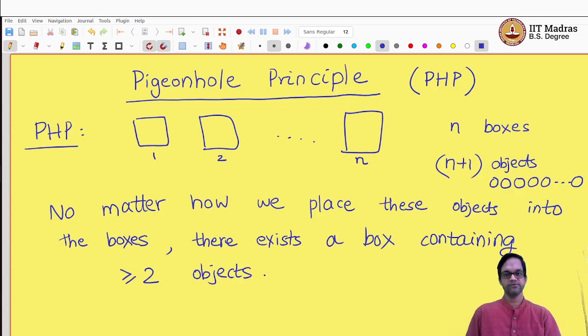And observe, we can't say it will be exactly 2, because it is possible that we could have taken all objects and put them into a single box. So that possibility always exists.